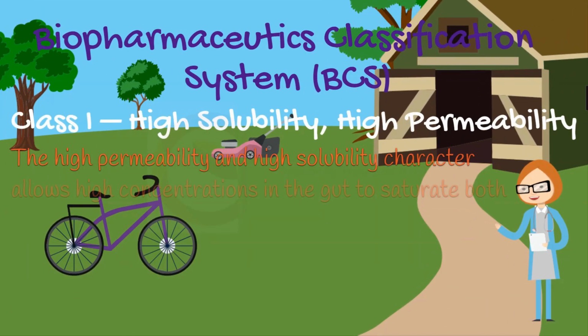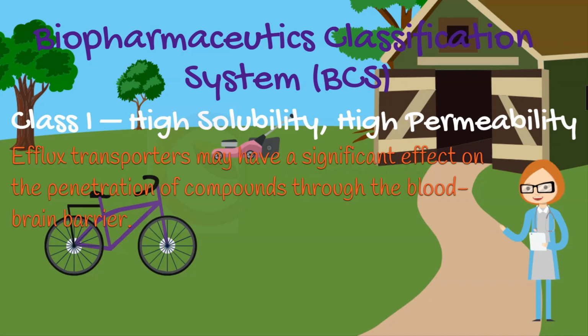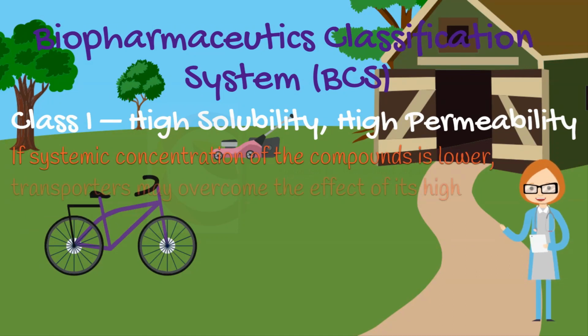The high permeability and high solubility character of Class 1 compounds allows high concentrations in the gut to saturate both efflux and uptake transporters. Efflux transporters may have a significant effect on the penetration of compounds through the blood-brain barrier. If systemic concentration of the compounds is lower, transporters may overcome the effect of its high passive permeability.